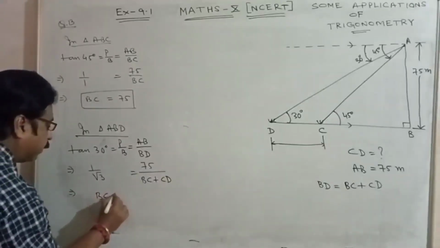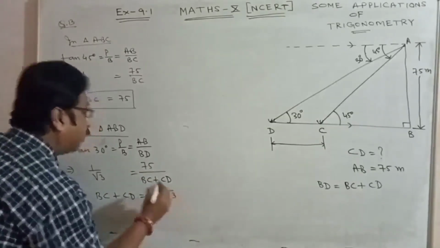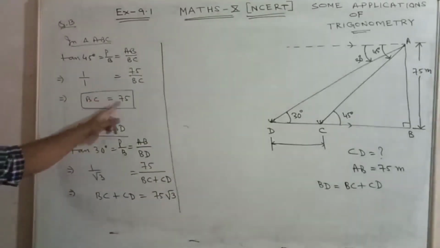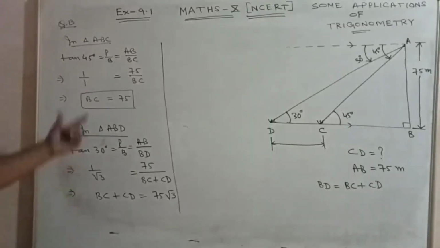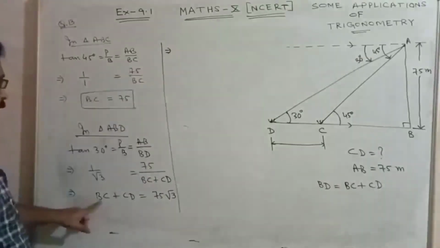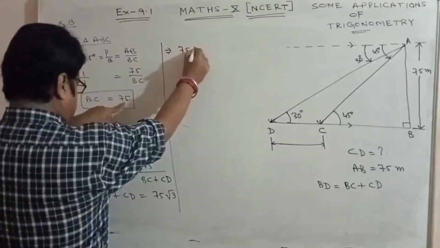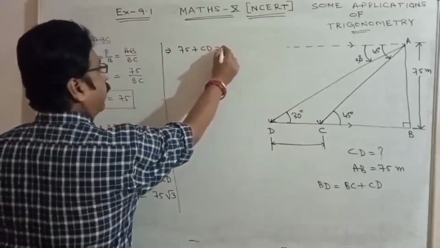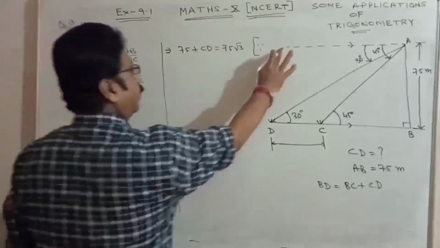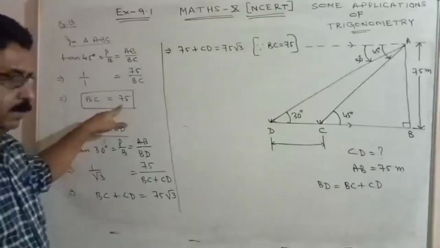Now BC plus CD equals to, cross multiplication, 75 root 3. BC we got already, 75. From this, next step, in place of BC, we can write 75. 75 plus CD equals to 75 root 3, since BC equals to 75, already we calculated.